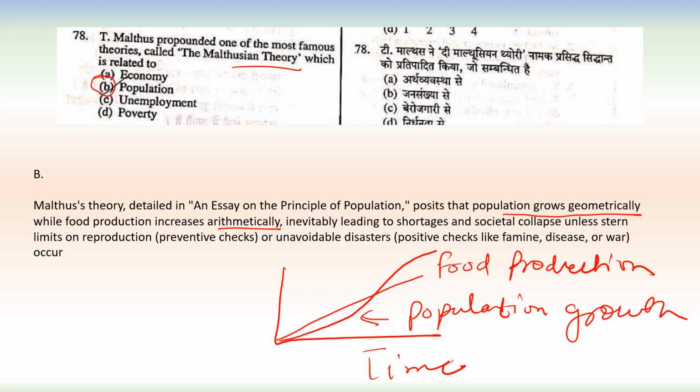Once population growth crosses the requirement of food production, it is the point of war or famine, and then the population starts to decline. So there is a check and balance.